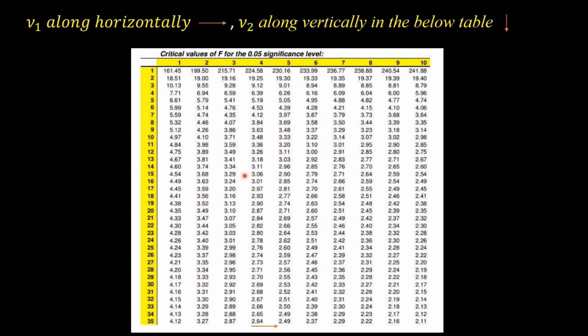Then the respective value is given. Suppose your nu1 is 2 and nu2 is 12, then F of 2, 12 is 3.89. Like this we have to observe. This is called the tabulated value of F.